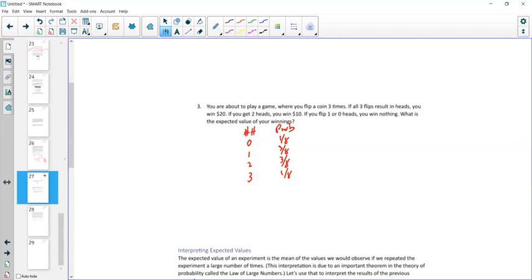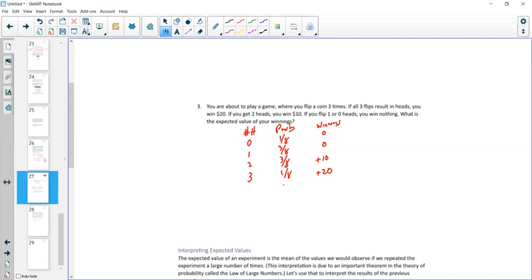If all 3 flips result in heads, you win $20. If you get 2 heads, you win $10. If you flip 1 or 0 heads, you win nothing.